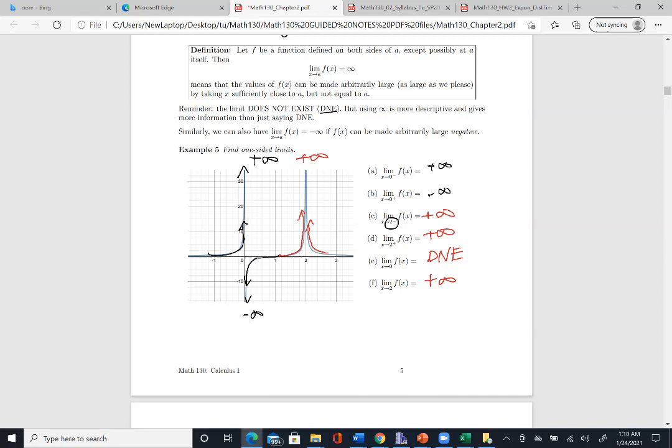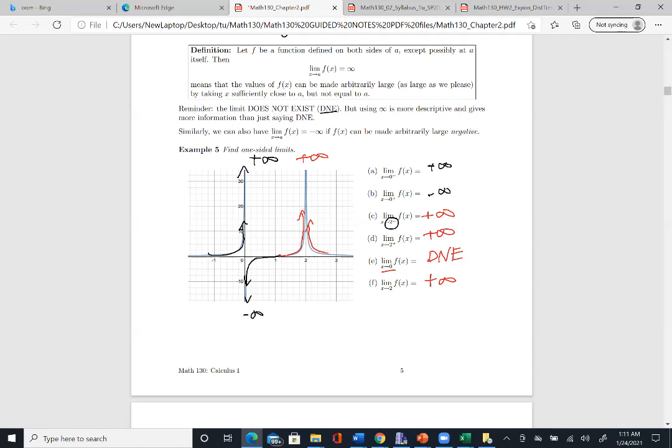Because in the first case, for x going to 0, one side is going up, the left hand side going up, the right hand side going down. So you can say it does not exist. For the limit of f(x) when x goes to 2, both go to positive infinity.